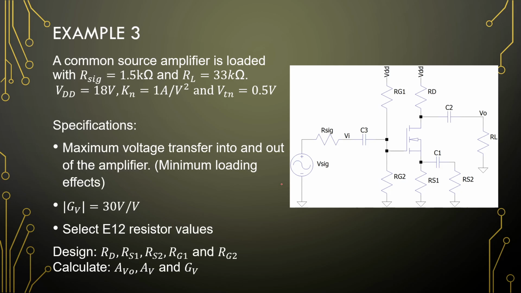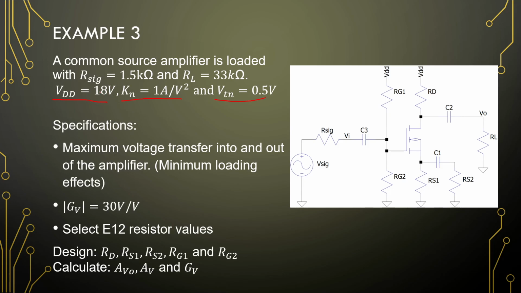Our final example is a single rail application with some stabilization for gain and bias. And we should design using a transistor with a 1 amp per volt squared transconductance, threshold of 0.5, VDD of 18 volts.